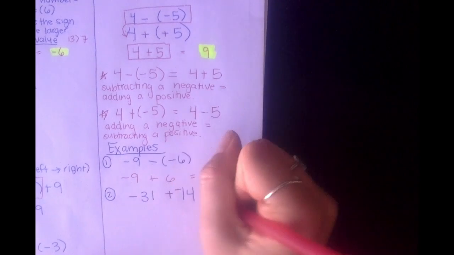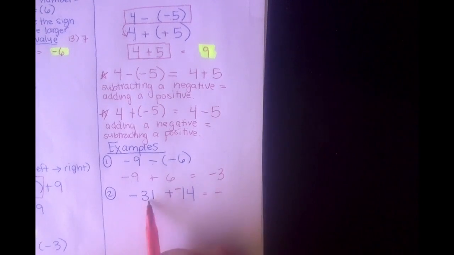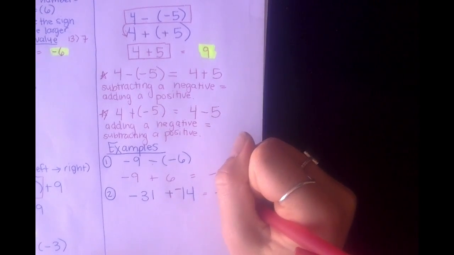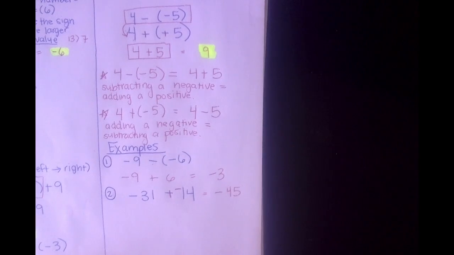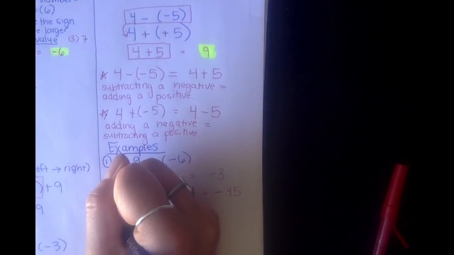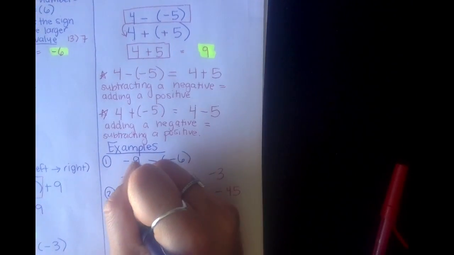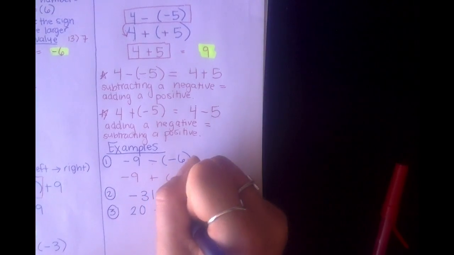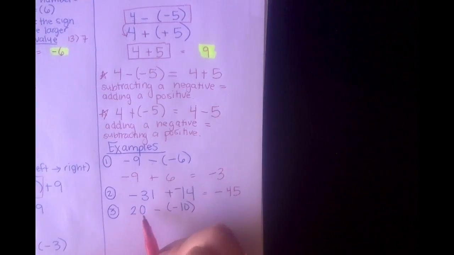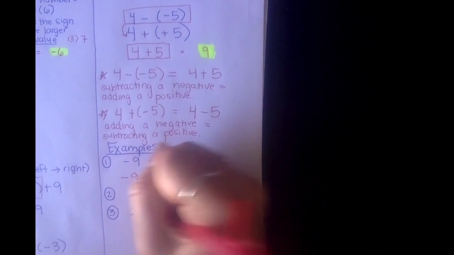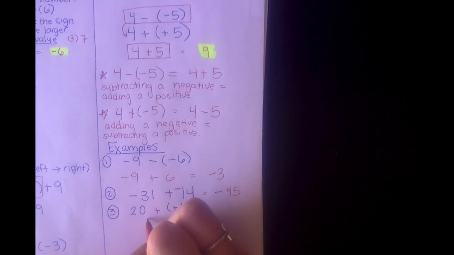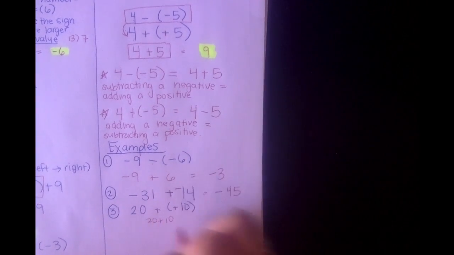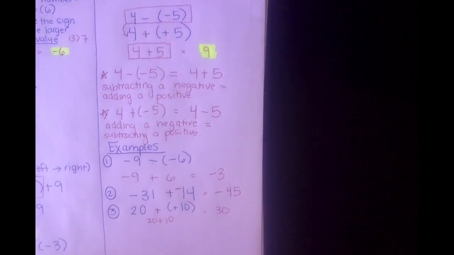My answer will be negative, and 31 plus 14 is 45, so my answer is -45. Example number 3, if I have 20 minus a -10, again, stay, change, change, so this is the same thing as 20 plus 10, which is nice and easy, with an answer of 30.